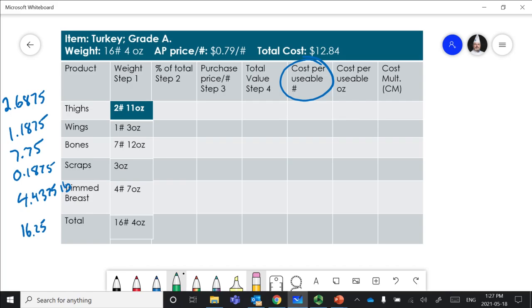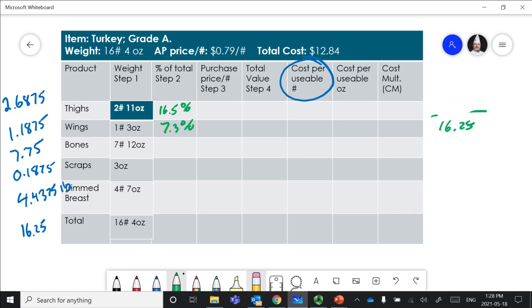So in order to figure out our percentage, for our thighs, we have 2.6875 divided by 16.25, which gives us 16.5%. The next one, we have 1.1875 divided by our 16.25, we end up with 7.3%.